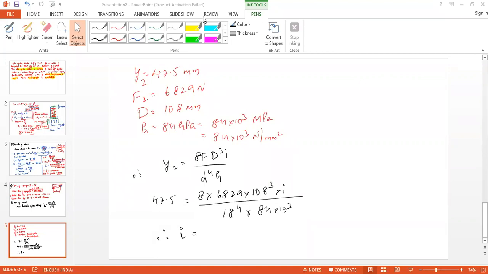No, it's not 8.11. It is 47.5 multiplied by 10 to the power of 4 into 84, 10%.